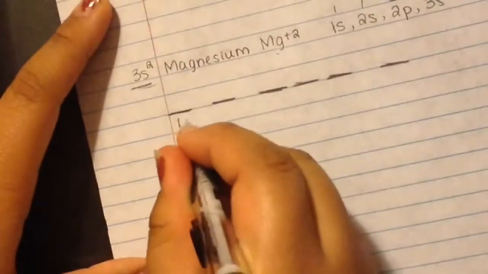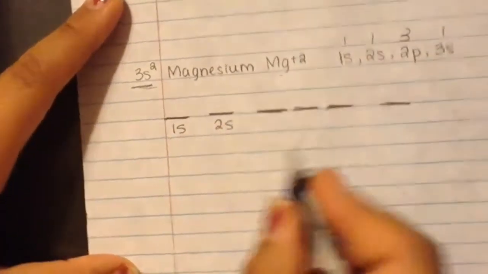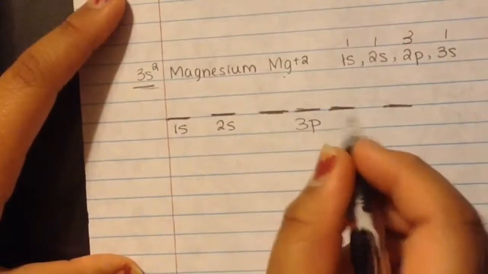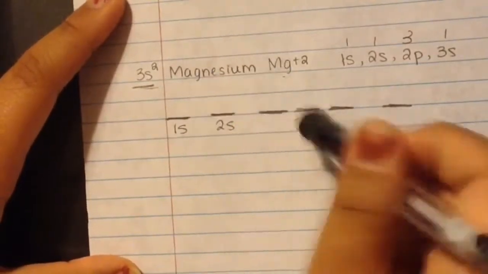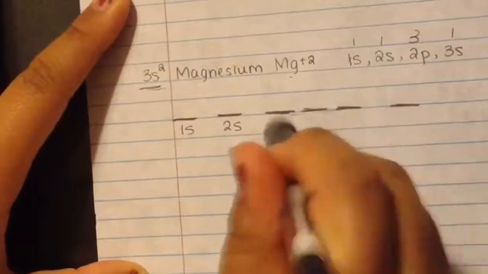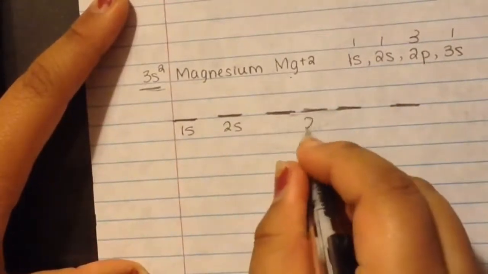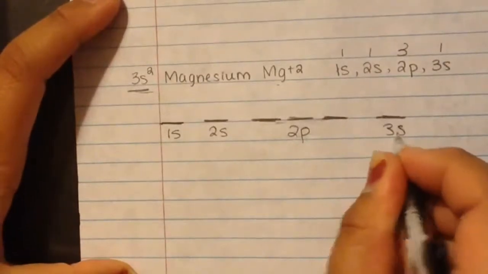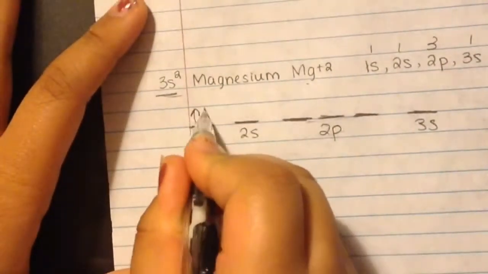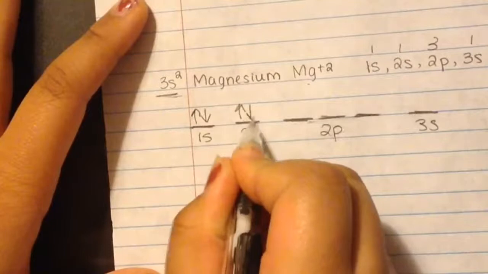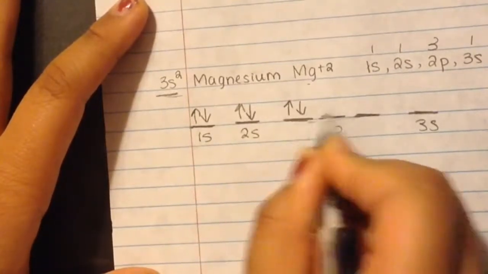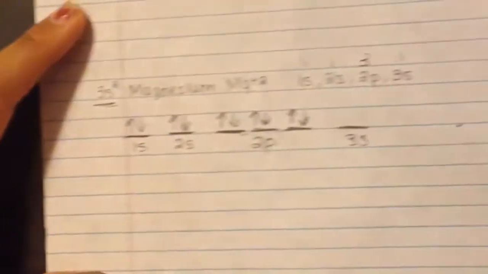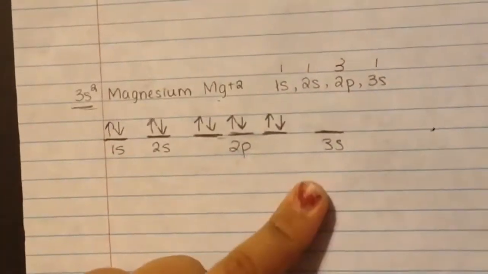Okay, this would be 1s, 2s, and these 3 blanks would be 2p. And this would be 3s. So this section's already filled up. This section is already filled up. This is already filled up.